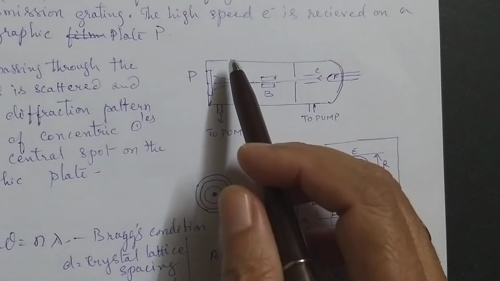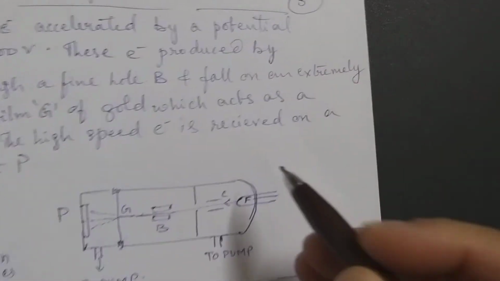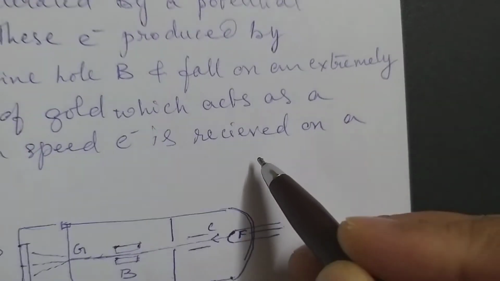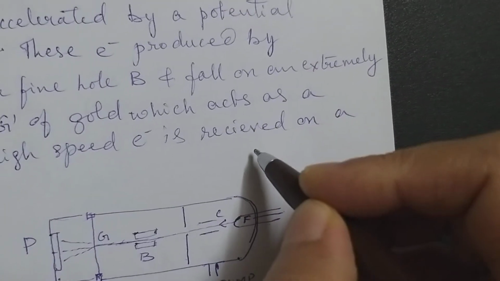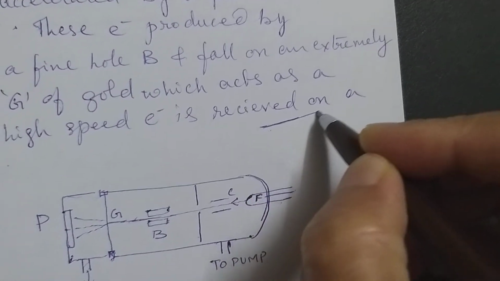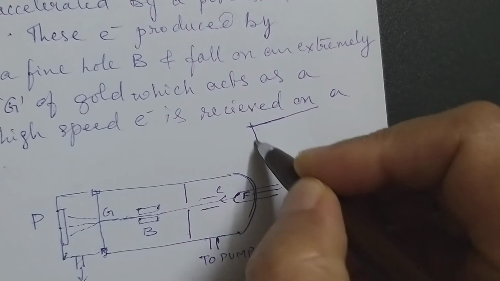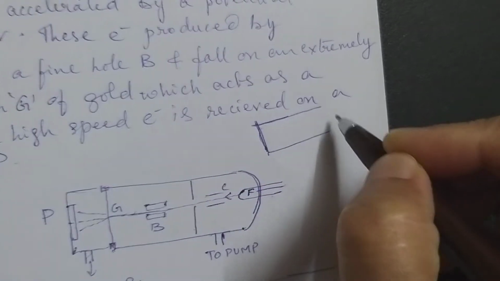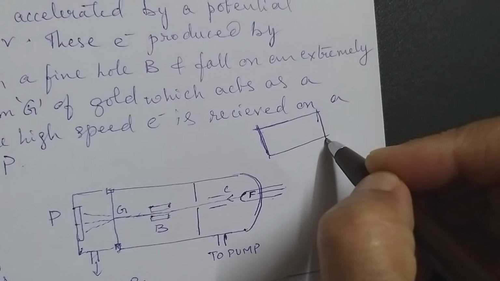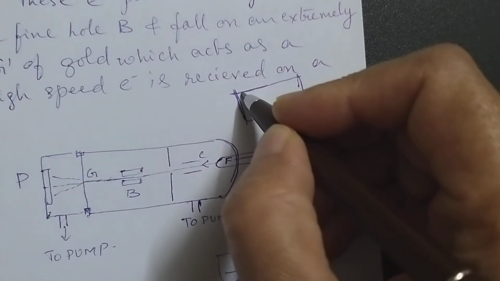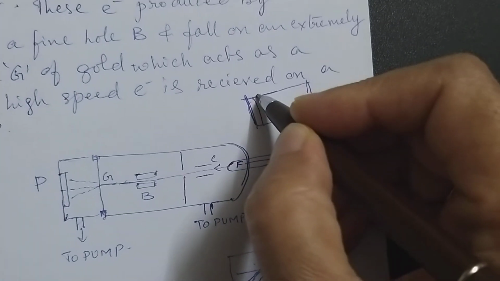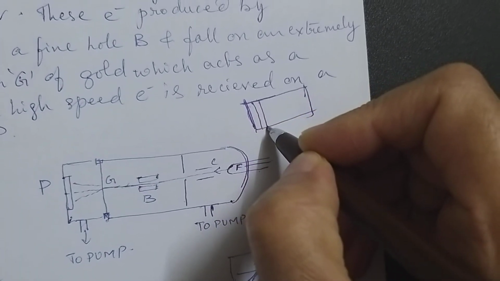I will tell you what a transmission grating is. A transmission grating is something like this. It is a plain glass piece, which is completely transparent, and lines are drawn on the glass piece like this using a diamond cutter.